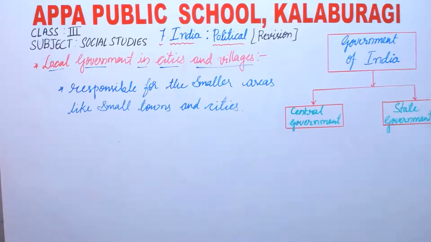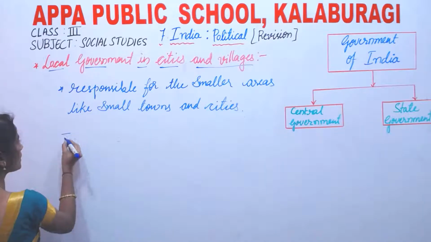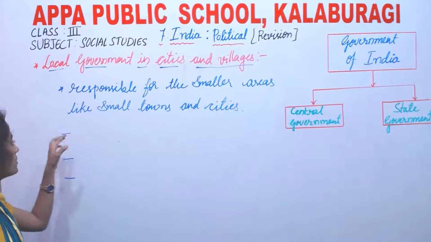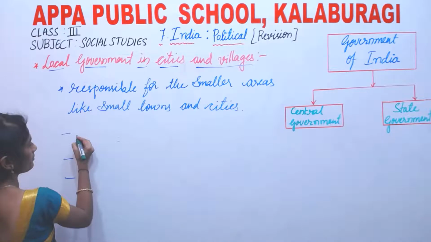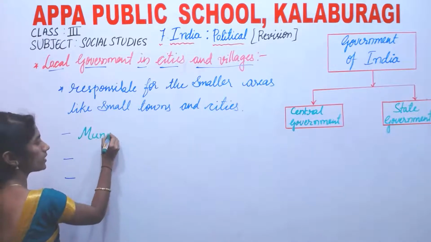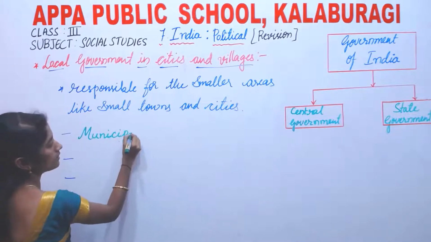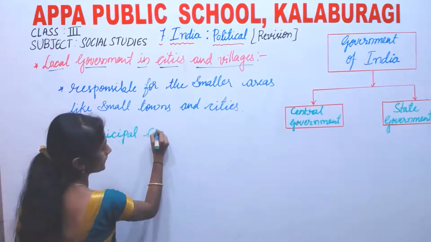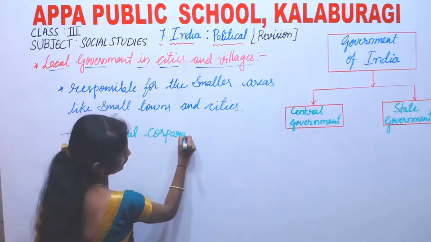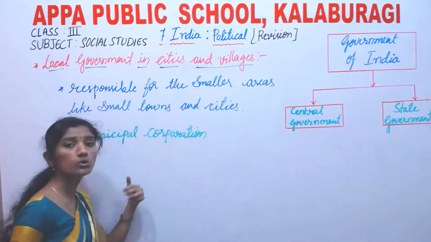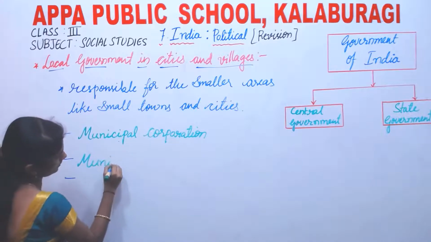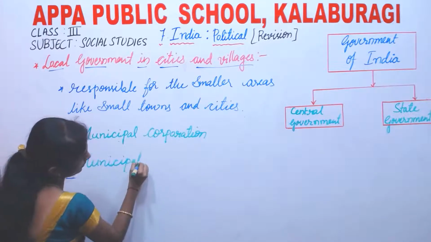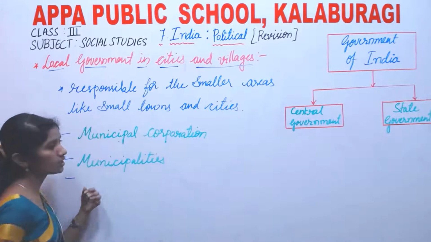Yes, children. In this local government, again we can see three different levels. First one is municipal corporations. The second one is municipalities. Municipalities means Nagarapalike.